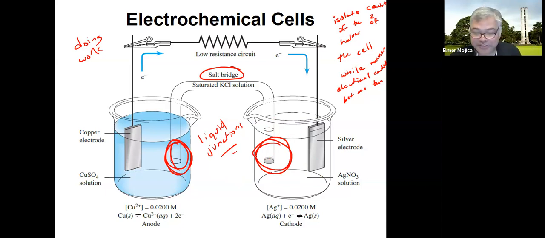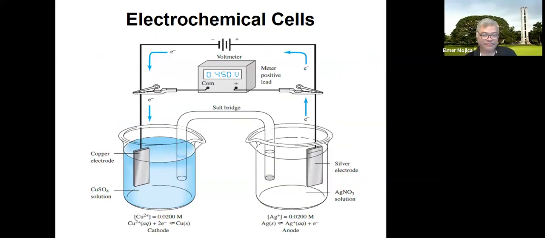So later on, you will see when there's only a small one liquid junction in a given cell. Now, how is this different from this one? Do you see the difference here?